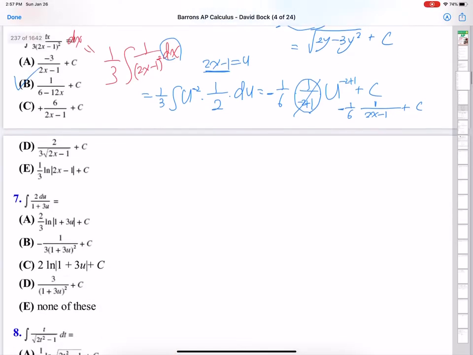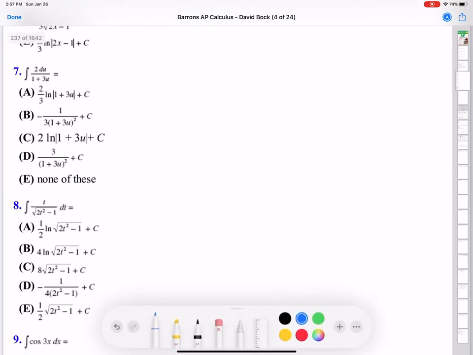Number 7. Integral 2 over 1 plus 3u du. There is already u in that equation, so I'm going to make 1 plus 3u become large U. Okay, so integral 2 over large U, and change du to dU.